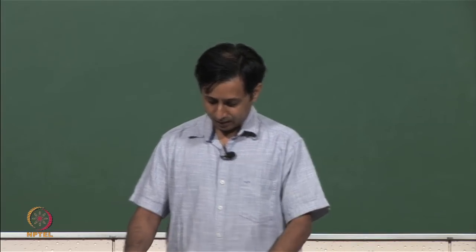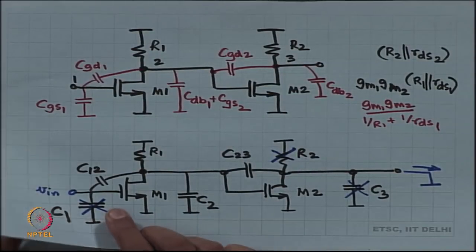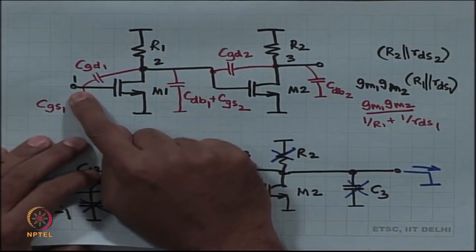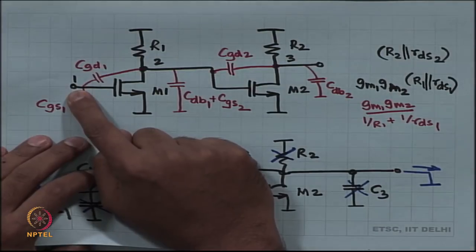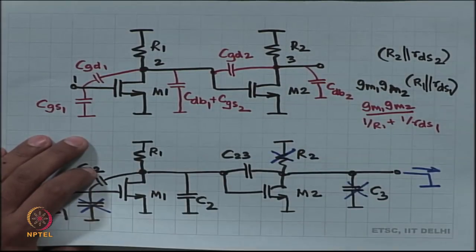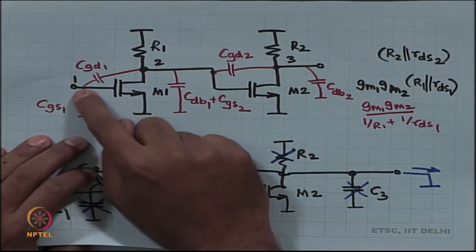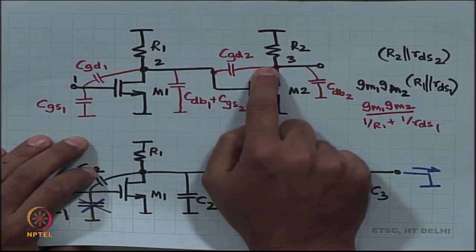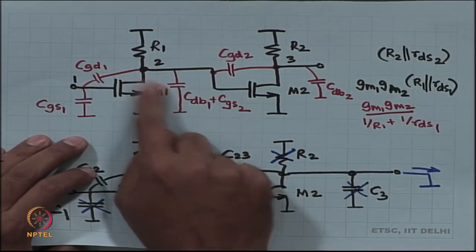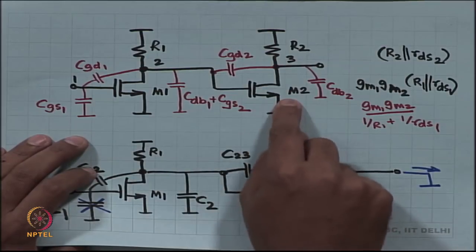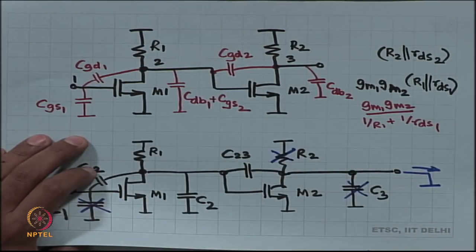Okay. Now, what is the deal over here? The deal is that I apply a voltage at the input, I measure short circuit current. This gives me two zeros. One 0 is GM1 by CGD1, another 0 is GM2 by CGD2. Both of these are right half plane zeros.